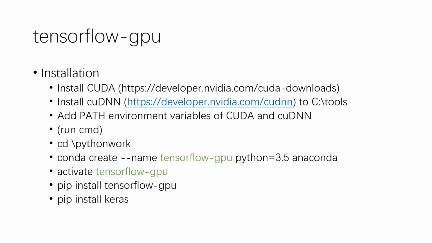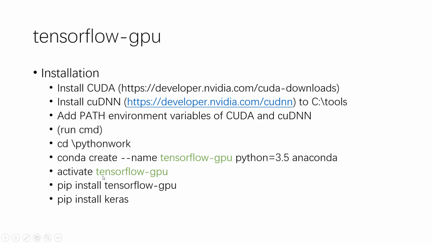And then after that, you just go to command line and go to the work directory and create another virtual environment called TensorFlow GPU. You can also change to another name, but you just need to keep it different than the TensorFlow CPU version because we want to test the capability of CPU and GPU version of TensorFlow both.